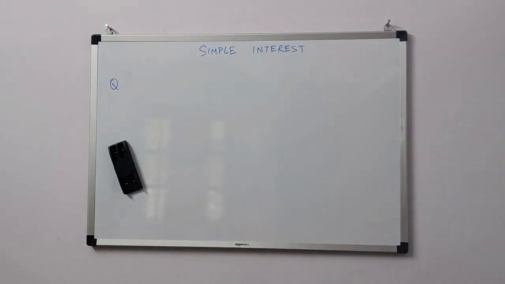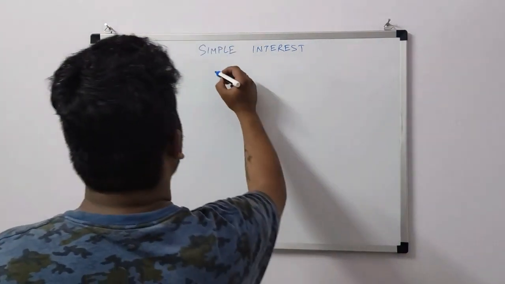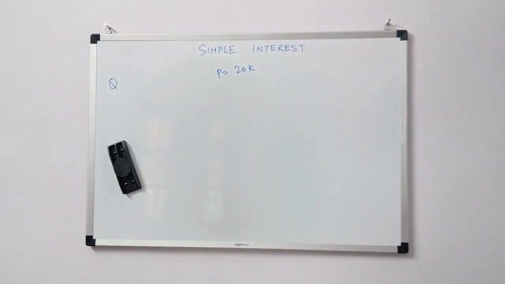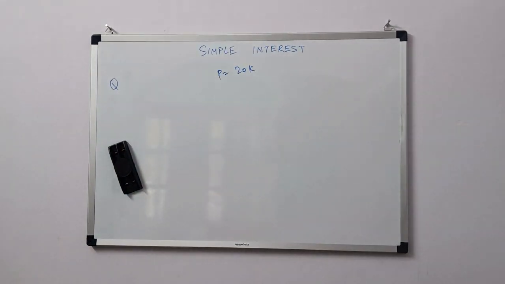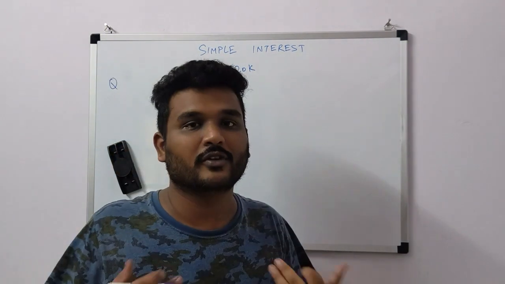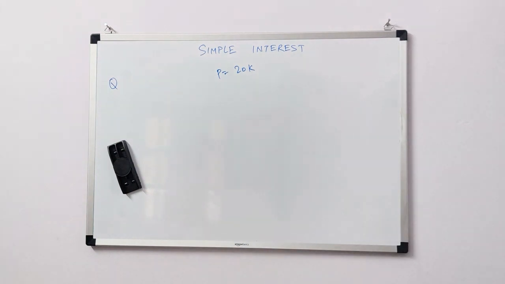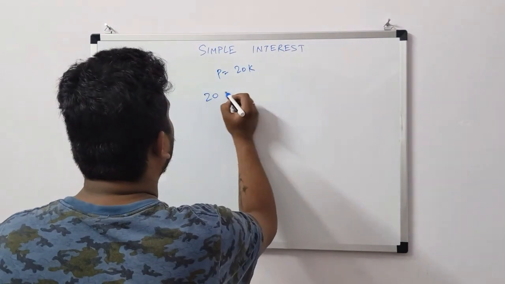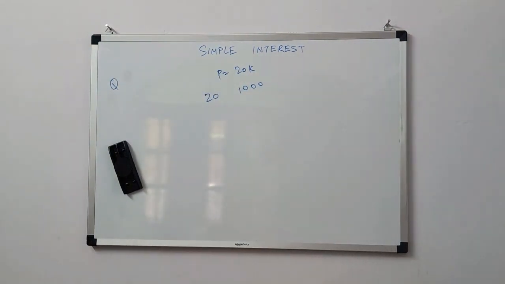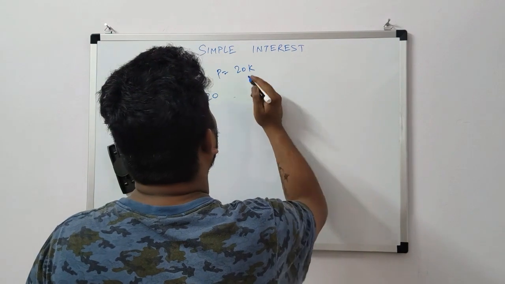Question number 2. The price of a scooter worth 20,000. So I write it as 20k, it's simpler this way, but you can have your own methods. I'll keep on sharing what I try to do when I solve these questions. 20k is to be paid in 20 installments of 1,000 rupees, or I can write 1k.